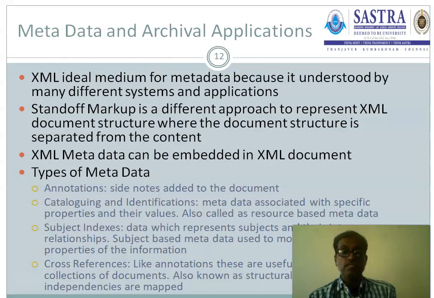And then cross reference, like annotations, is also very useful for long lived documents kept for a long period of time. If you are maintaining a specific document for a long period of time, then those documents come under cross references. We are able to maintain cross references in metadata also. It is also known as structural mapping, wherein the dependencies are mapped.